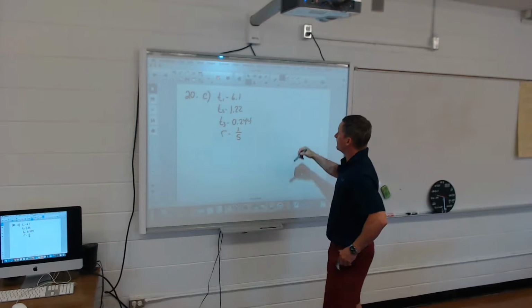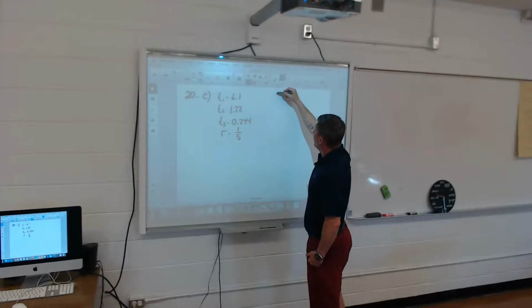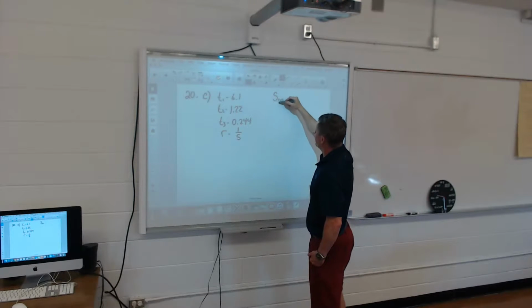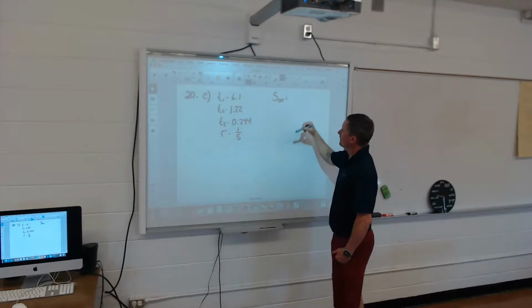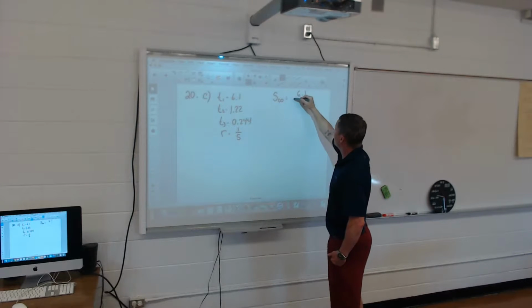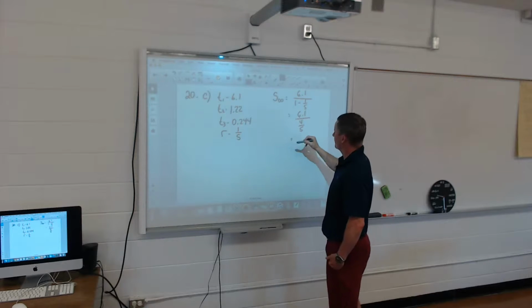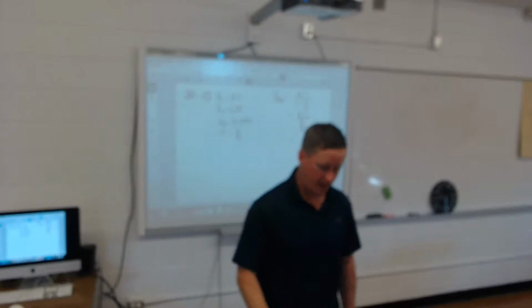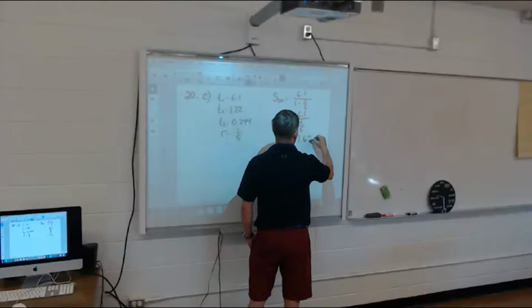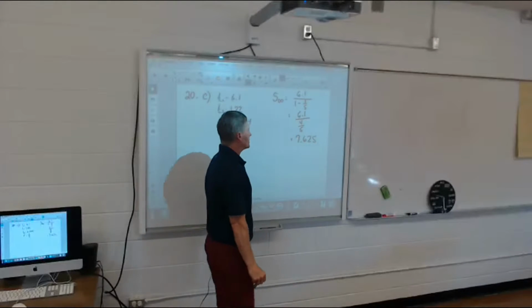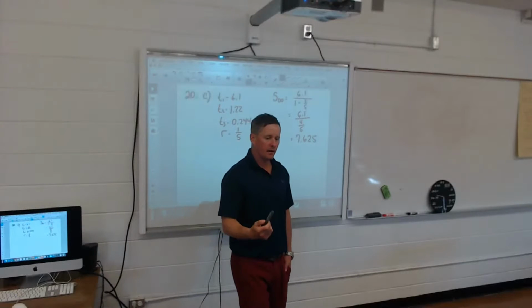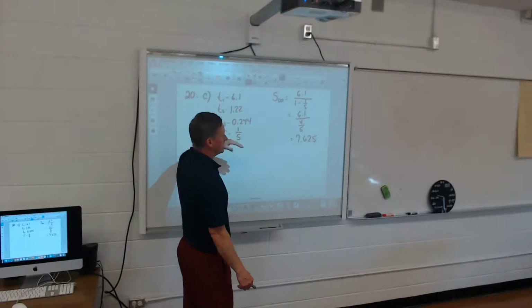So I can use S to infinity equals my t to the 1, which is 6.1, over 1 minus 1/5. So that's 6.1 over 4/5. Use your calculator if you have to. 7.625.